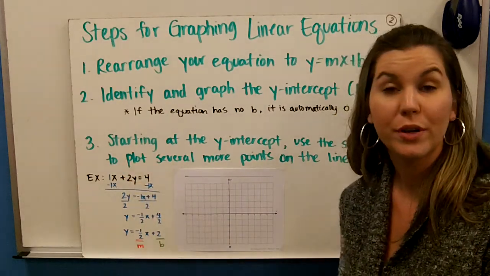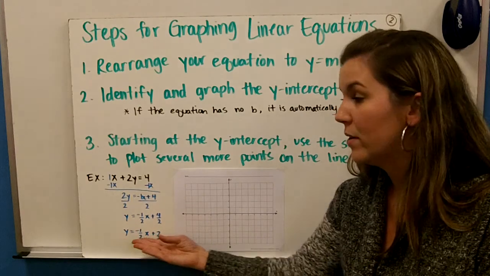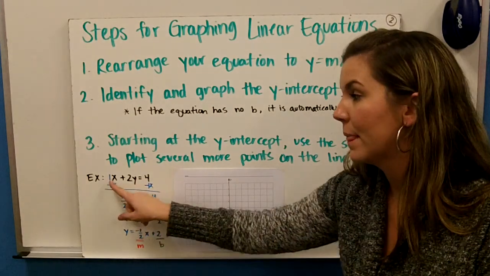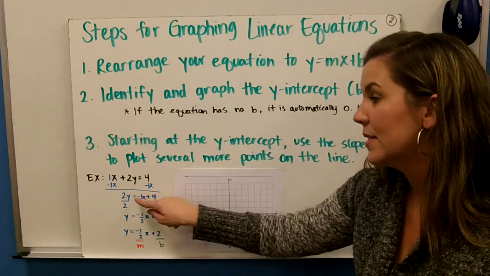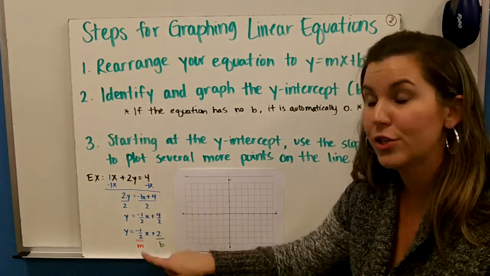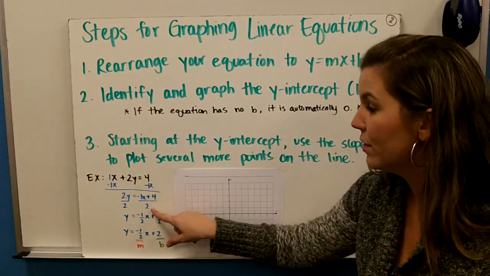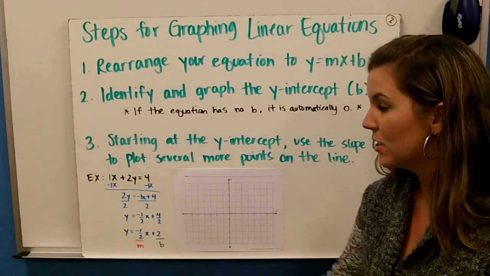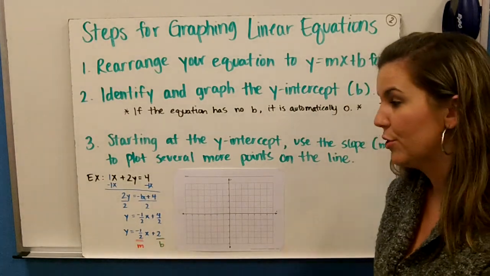Follow the steps from the previous slide to solve the equation for y equals mx plus b form. Subtract 1x from both sides, divide both sides by 2. This is negative 1x over 2, which is the same thing as negative 1/2 x, and 4 divided by 2 is 2. So my slope is negative 1/2, and my y-intercept is 2.